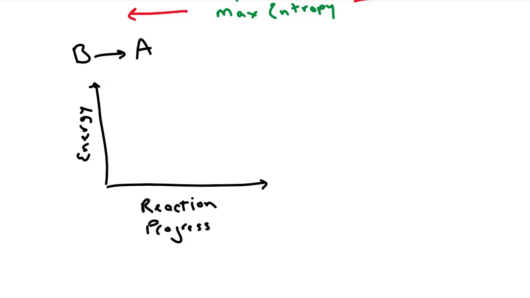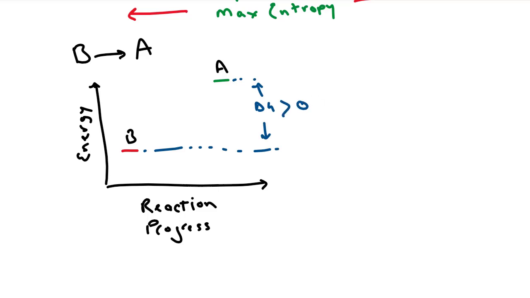Now B is my initial state, and B is going to be down here, exactly where it was in the other one, except now we're flipping the picture. And A would be over here. So now when I subtract the initial state from the final state, I get a delta G. Let's see what our delta G is. My delta G will be greater than 0.